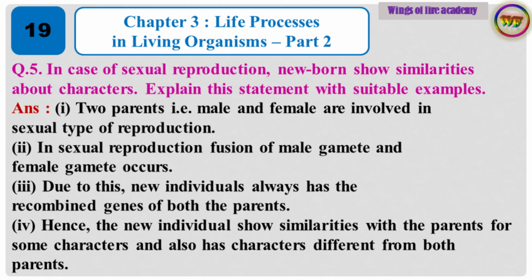In sexual reproduction, fusion of male gamete and female gamete occurs. Point 3. Due to this, new individual always has the recombined genes of both the parents. Point 4. Hence, the new individual shows similarities with the parents for some characters and also has characters different from both parents.